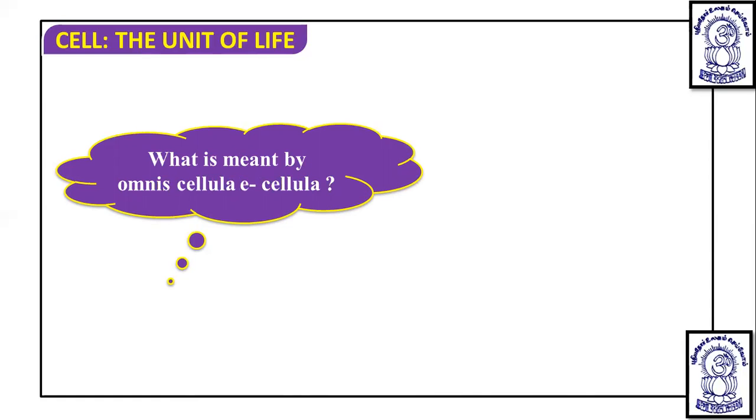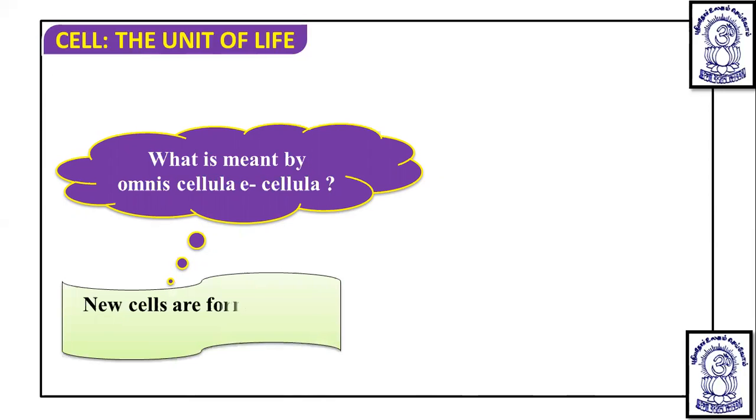But later on, Rudolf Virchow observed that new cells develop by the division of pre-existing cells, that is omnis cellula e cellula, that is, cells arise from pre-existing cells by division.